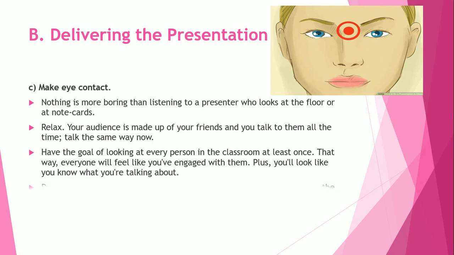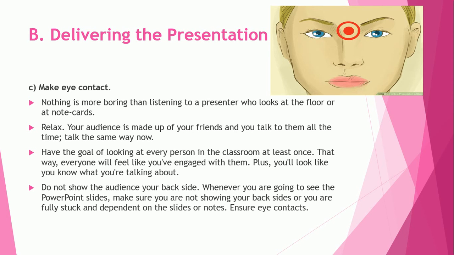Plus, you will look like you know what you are talking about, because if you look here and there, they will find that you are confused. But if you look at them, then they will feel that you know what you are going to speak.